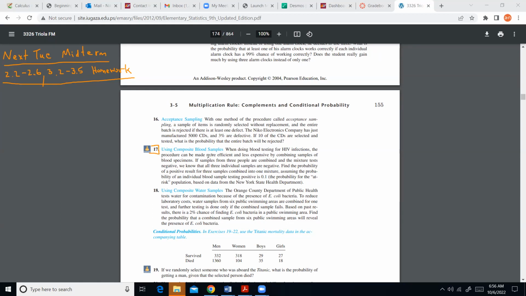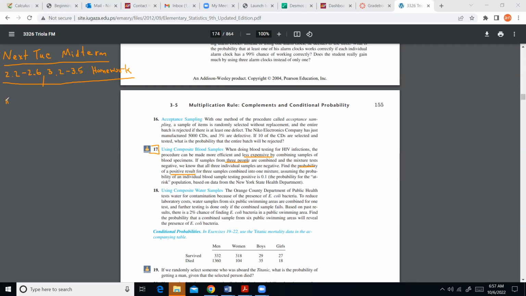It says that when they decided to test for HIV, they have the idea that it is less expensive if they combine samples together. So they selected 3 samples and they want to know the probability of a positive test result in 3 samples.